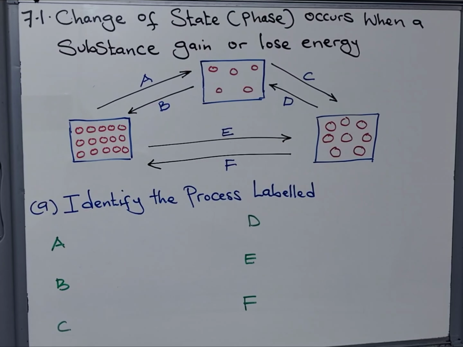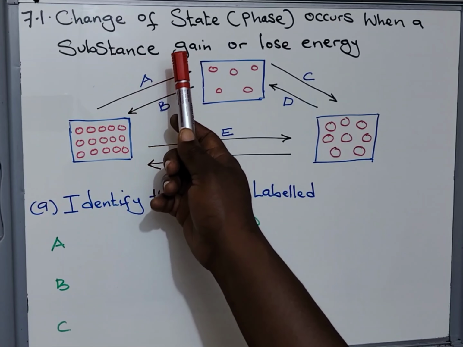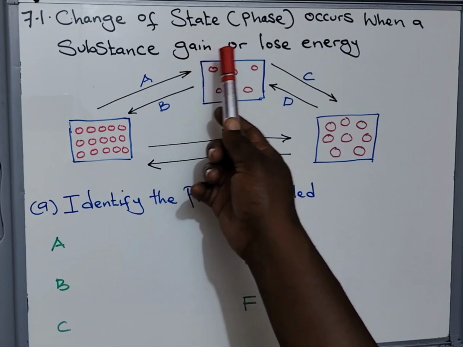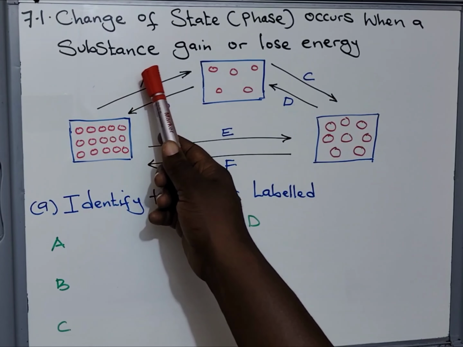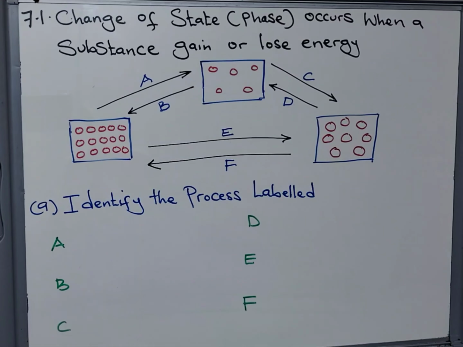Yeah, then comes this question. Still grade 8 natural sciences. It reads, change of state or phase occurs when a substance gains or loses energy.